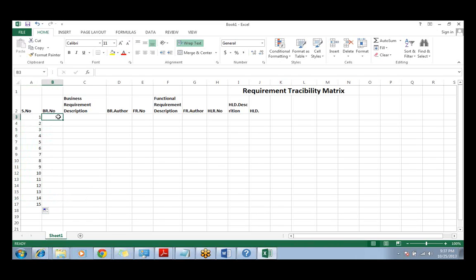And this will again have the same numbering, the 1, 2, or maybe you could have BR 1.1, something like this, or it will start from 0 actually. And I'll explain, so I'm not writing the text over here.